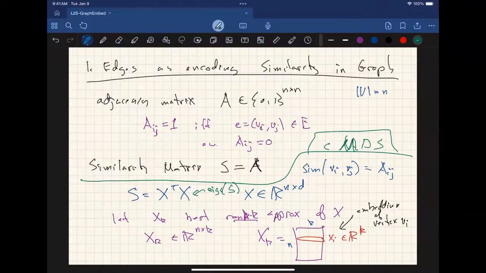So X is going to be U times Lambda to the 1/2, where U, Lambda is the output of the eigendecomposition of S.